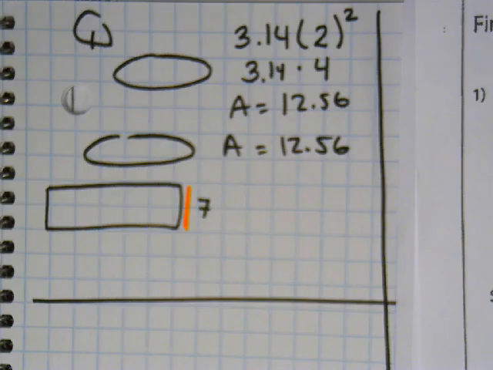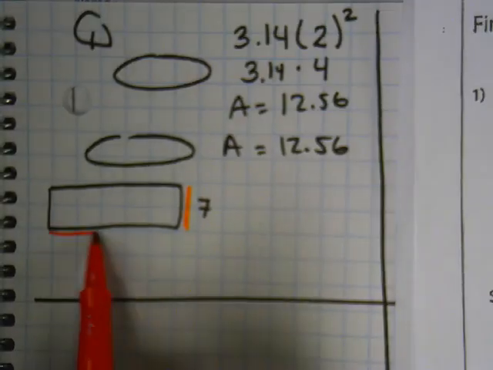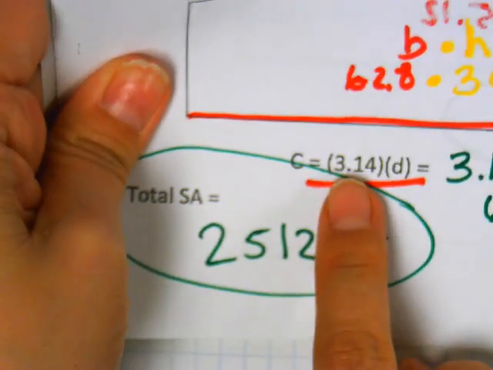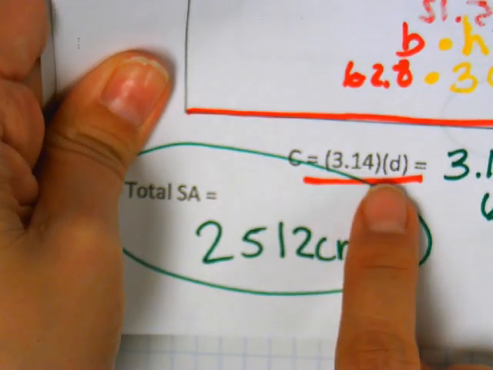Now this one, this is the hardest part of the day. That line is the red line. How do I find that red line? Well, if I look at my notes, the red line is pi times d.